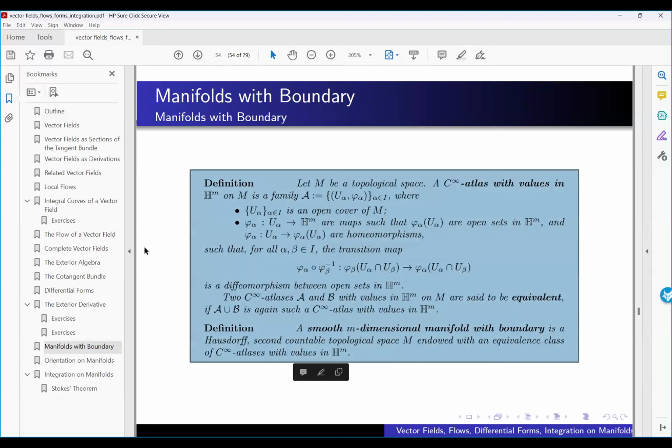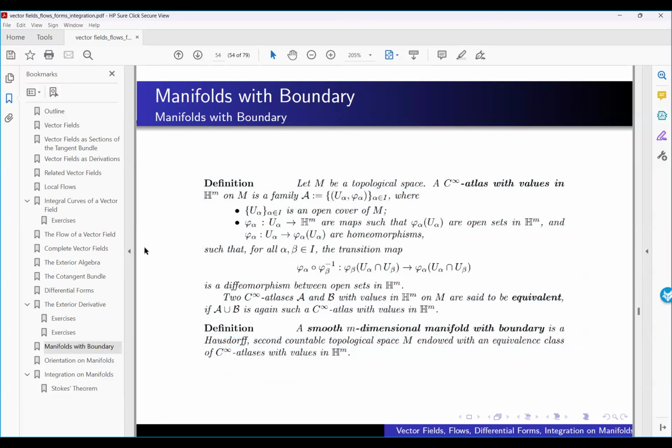Now, in a similar way as we do for the classical manifolds without boundary, we can define an atlas, right? We just define it in the same way. The domains of the charts must cover N, their union must be N, and the homeomorphisms take open sets of M into open sets of H^m, this half space.